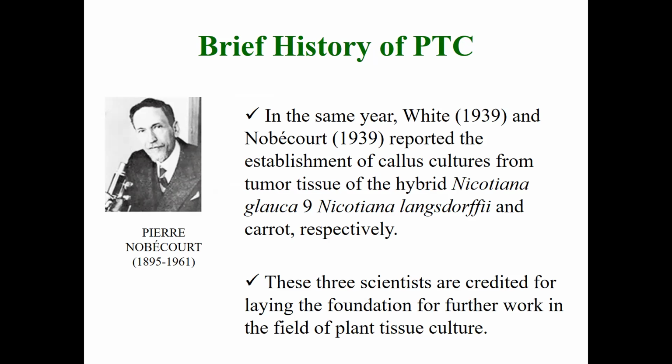So he was able to do that, and it was the starting point. Even now, if you do tissue culture, first you get the callus, and then you can get organogenesis by using different combinations of hormones. These three scientists are credited for laying the foundation for further work in the field of plant tissue culture.